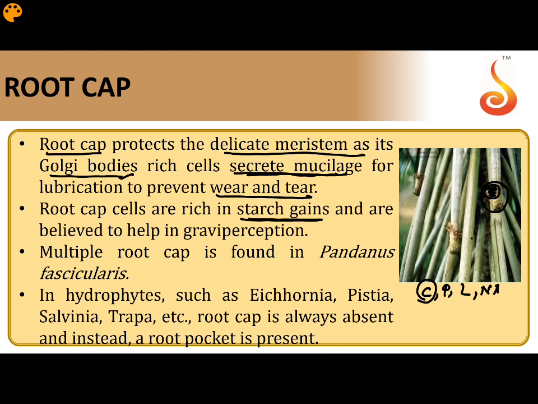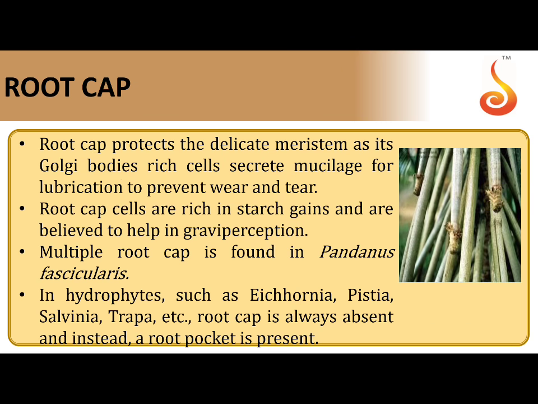Now, the picture here is of a plant named Pandanus. I have spoken about Pandanus in terms of stilt roots, which help in mechanical support and grow from the lower nodes. Now, these stilt roots are reaching the soil, but if you look at this root cap, it is a little different when compared to other root caps in general.